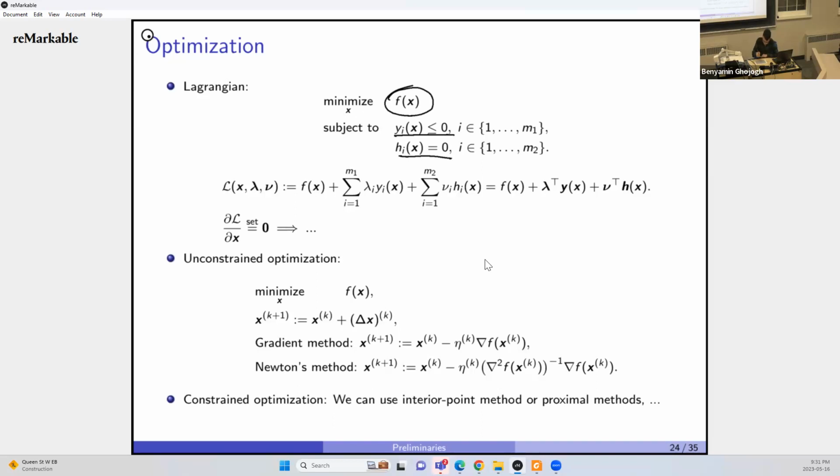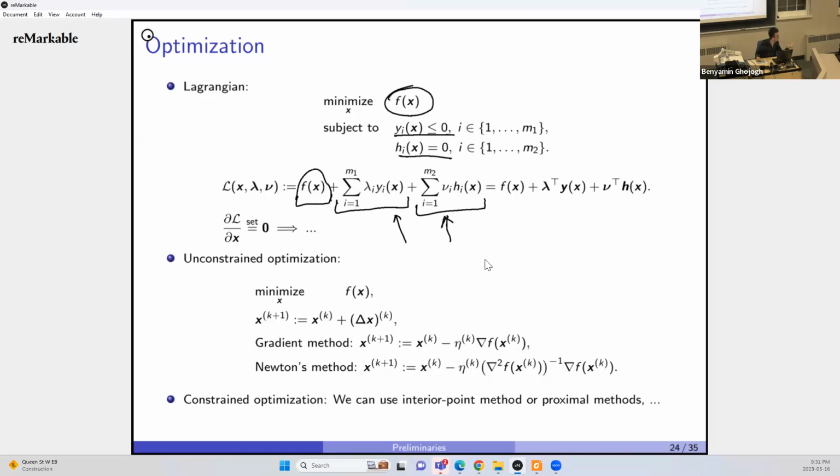I can penalize not satisfying the constraints with a soft penalty. So although I want f to be minimized, I also want the violation of the constraints to be minimized.